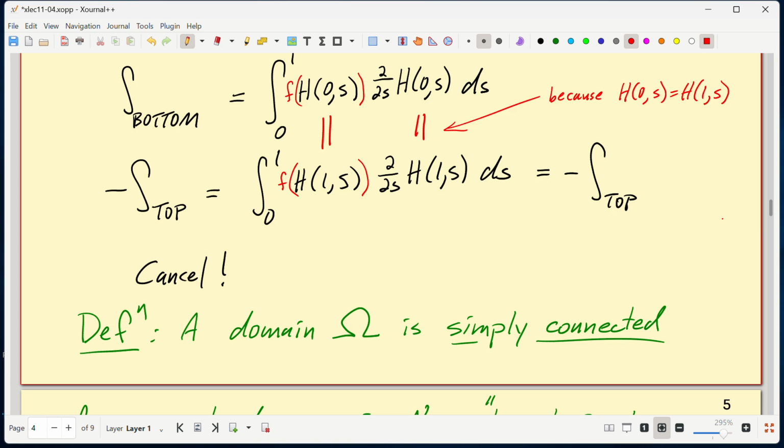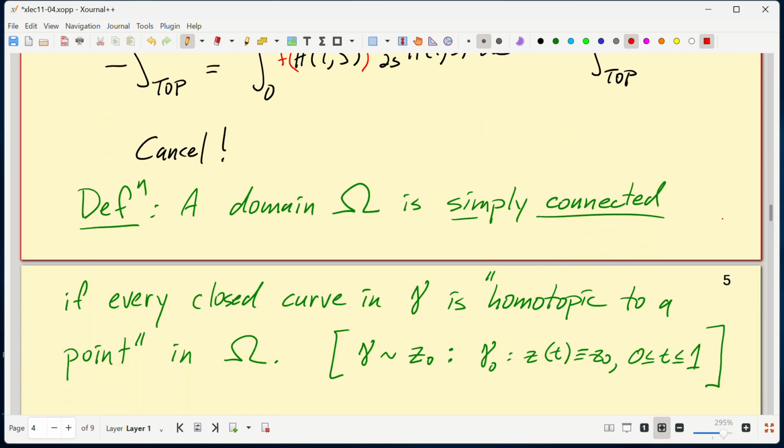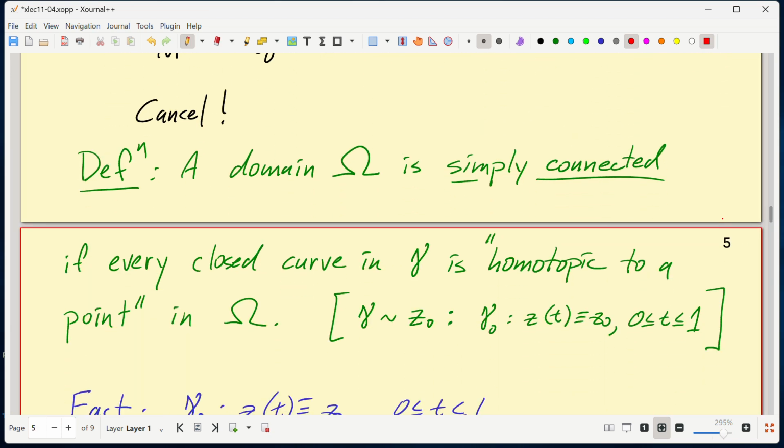And now I can finally define what I mean by a simply connected domain. So the feeling is it has no holes. If you think of a curve as a rubber band, or a rope, you can shrink it.